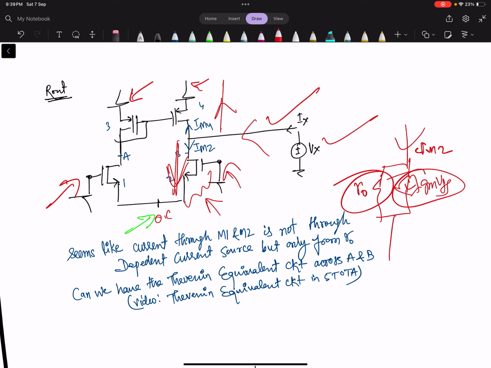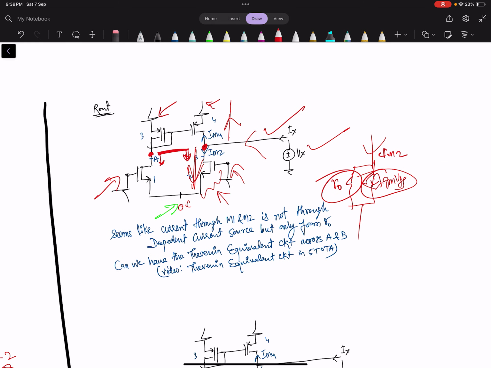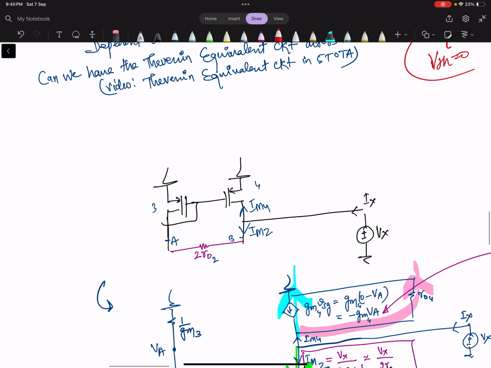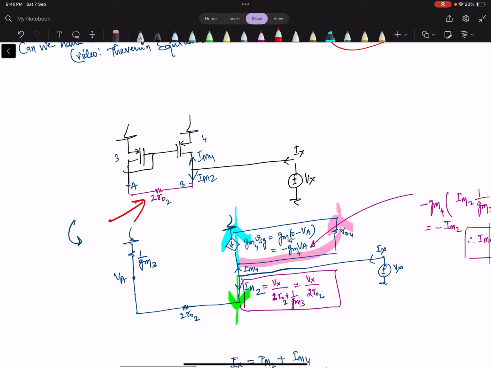So to simplify this, I have made one video where the Thevenin equivalent across this point has been calculated, and from there, if you see the Thevenin equivalent circuit, not R equivalent but the Thevenin equivalent circuit, we have R equivalent as 2 times R0 1 or 2 and VTH is 0. So we can replace that here and we have 2 times R0 2. So it will help us to analyze and calculate the current.